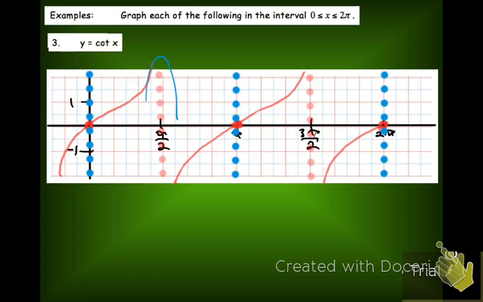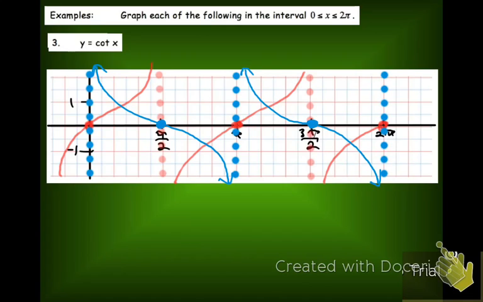So at pi over 2 and 3 pi over 2 is where tangent is undefined. So that means that's where our cotangent is going to equal 0. And it's going to be going in the opposite direction. So cotangent actually starts at the top and does like a reverse of what tangent does. It comes down, sweeps through 0, and goes in the opposite direction.